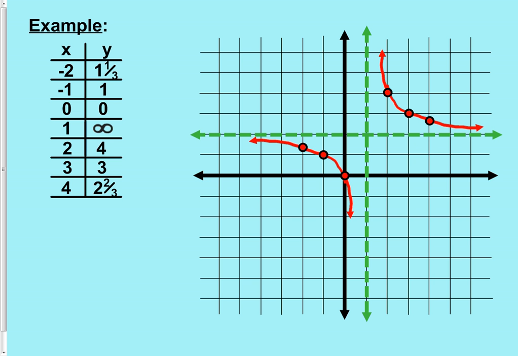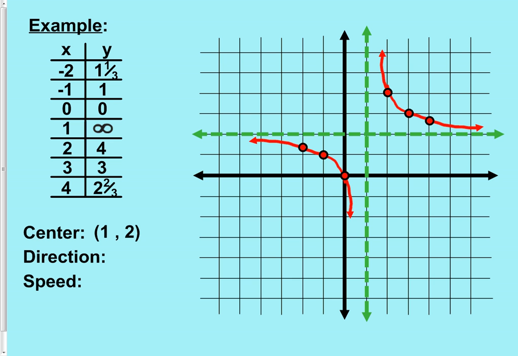So we can position the horizontal asymptote in the graph at y equals 2. This should be pretty much a dead giveaway of where the center of the hyperbola is. We ought to be able to very easily state that the center is at (1, 2).